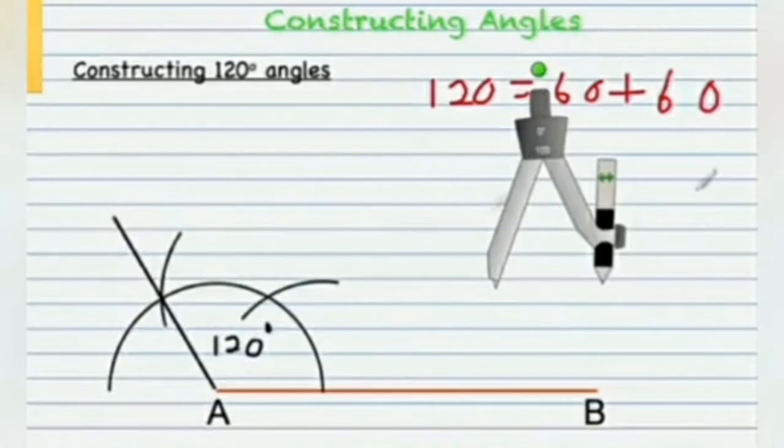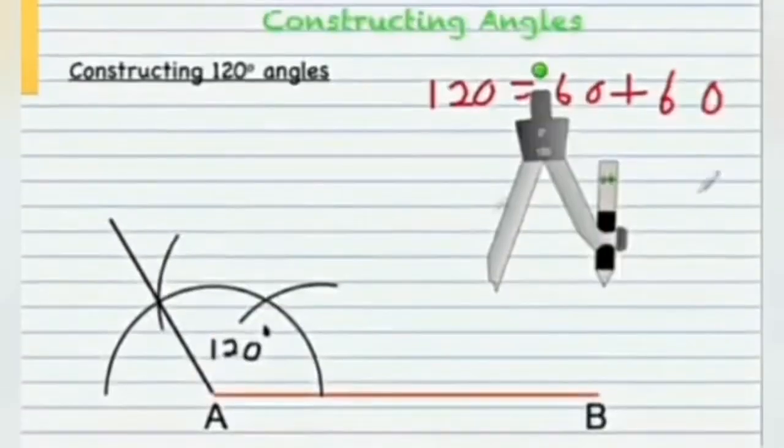You have 120 degrees, guys. This is a very good job. This is angle 120 degrees. So now I would like you to pause this video, take it back and try it.